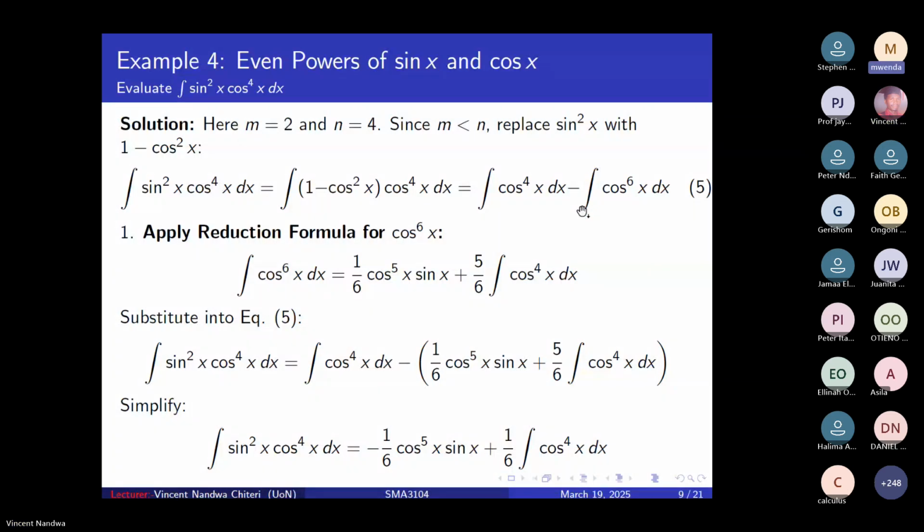So the first step of the reduction formula for cos power 6 will have 1 over 6 cos power 5x sine x, then plus 5 over 6 integral of cos power 4 x dx. What is happening here is that we are making use of this formula we have here in this slide, that the integral of cos power n x dx is given by this formula.